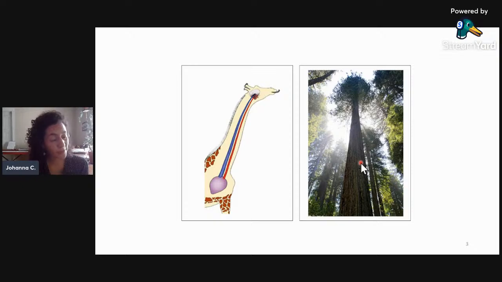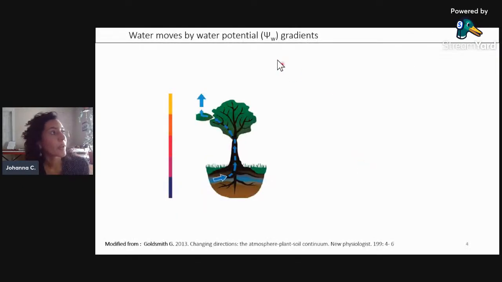The answer to this question is water potential gradients. Water potential is symbolized with this Greek sign called psi, with a subindex W, so water potential refers to water. Water potential refers to all the free energy that the water has to move from one side to the other.